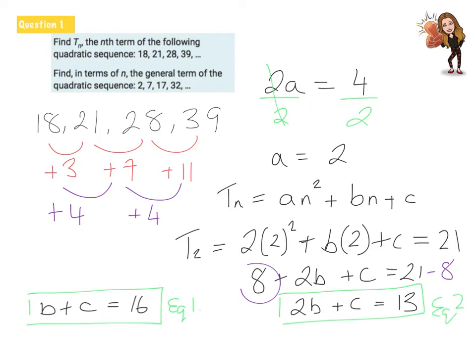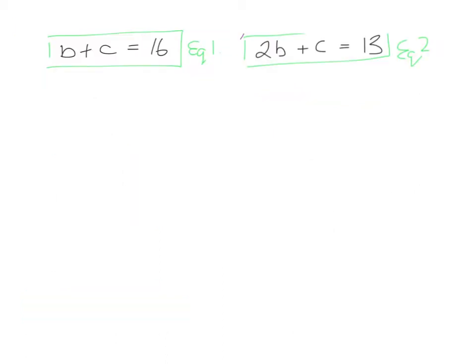And now I'm going to go and solve these simultaneously. So to solve these two equations simultaneously, I need to write them above each other. So I say 2b plus c equal to 13, because that's equation 2, and then we have b plus c equal to 16.